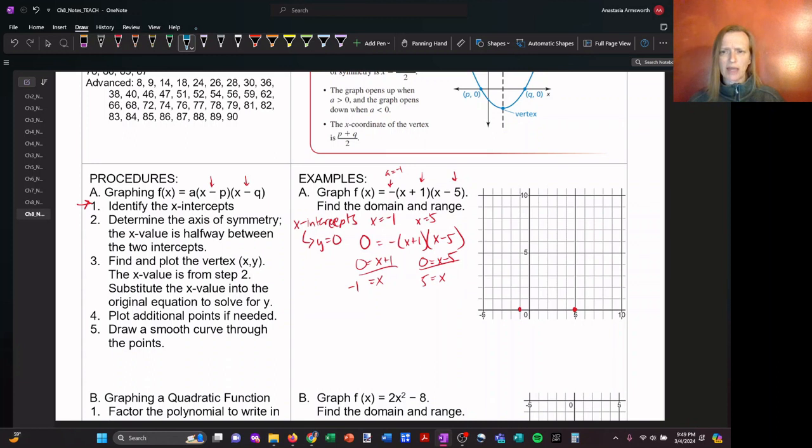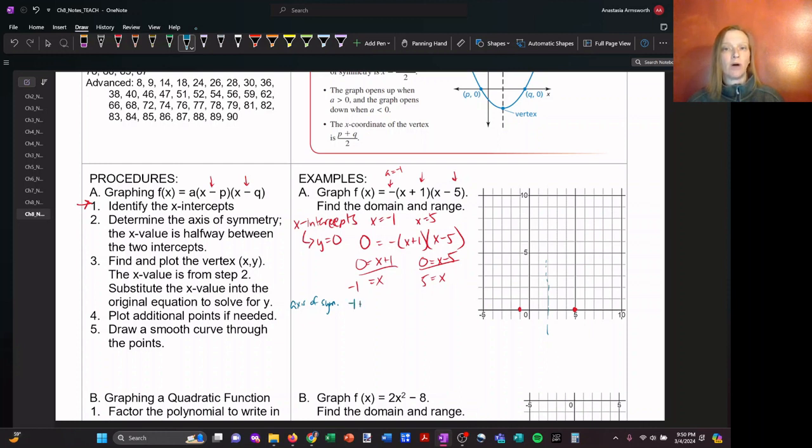Well, the fact that I've got two x-intercepts here lets me know where my axis of symmetry is. My axis of symmetry is going to be exactly halfway between those 2 points. In this case, I can do it by eye or just by counting and finding that halfway point. But a good general rule that always works, even when the numbers are awkward, is to just take an average of your two intercepts.